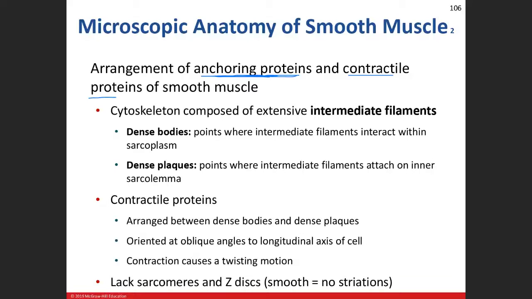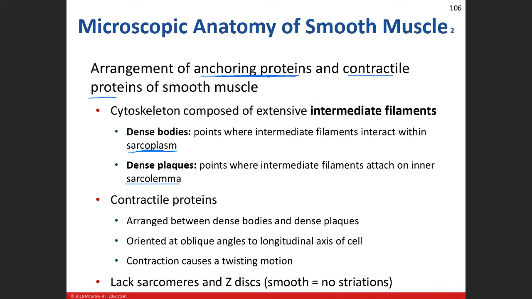The dense body is going to be within the sarcoplasm, and that's going to be the anchoring point for a lot of the intermediate filaments and also the actin filament. The dense plaques are going to be on the inside of the plasma membrane, the sarcolemma, and that's what's going to allow smooth muscle cells to attach or anchor themselves to their adjoining smooth muscle cell.